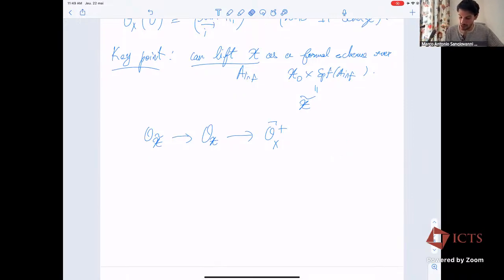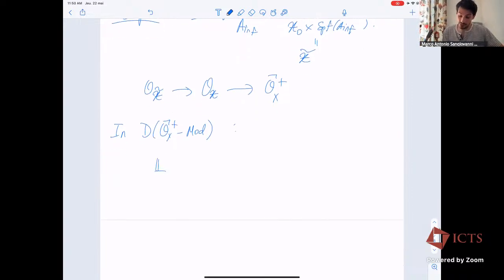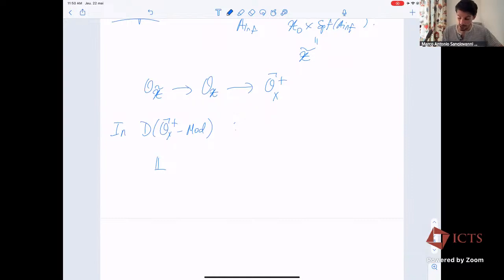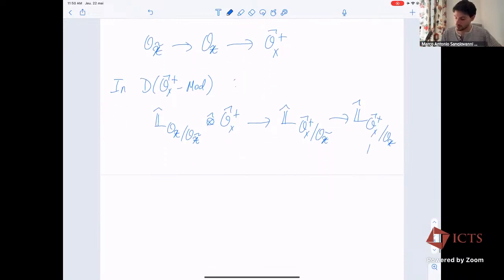So in the derived category of O_X hat plus modules, I have the following exact triangle. So O_X over O_X tilde, tensored, so I take also derived completions, with O_X hat plus goes to L hat of O hat X plus over O_X tilde goes to L hat of O hat X plus over O_X, and then here plus one.